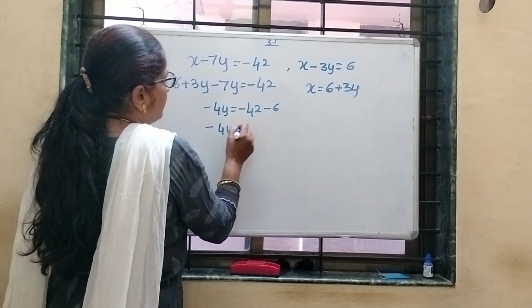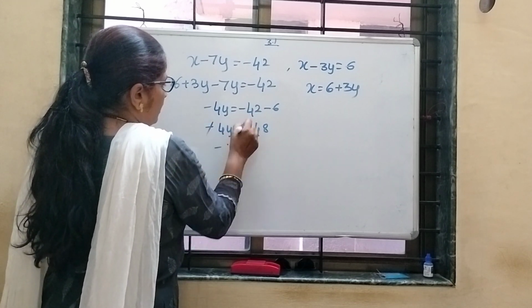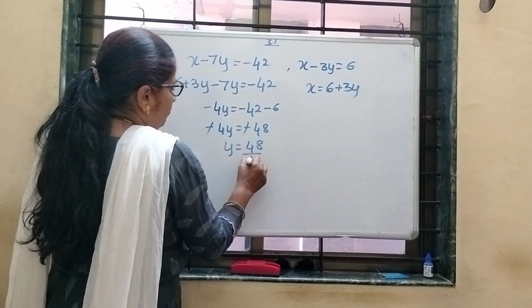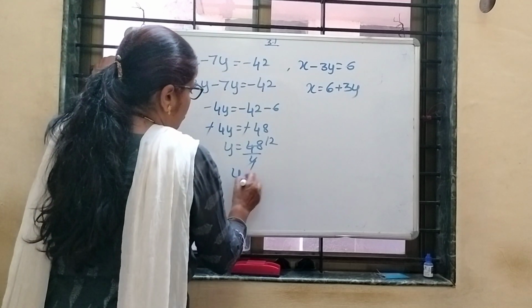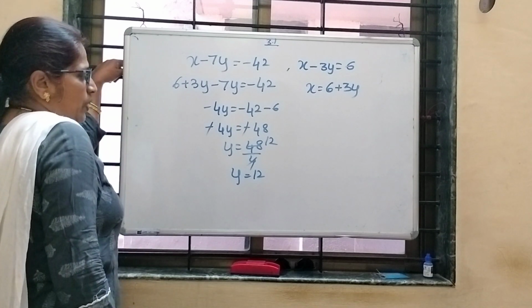Minus 4y is equal to minus 48. So both the sides minus minus gets cancelled. y is equal to 48 by 4, that is 12. So y is equal to 12. That means the present age of daughter is 12.